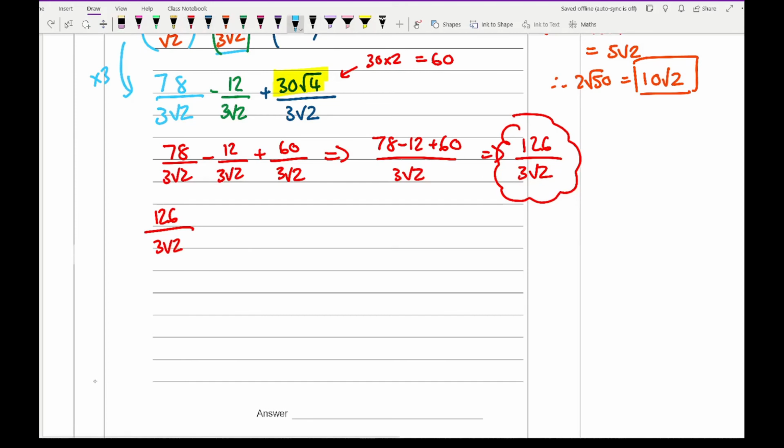So I can cancel 126 by 3. So that then becomes 42. So I've got 42 over root 2.